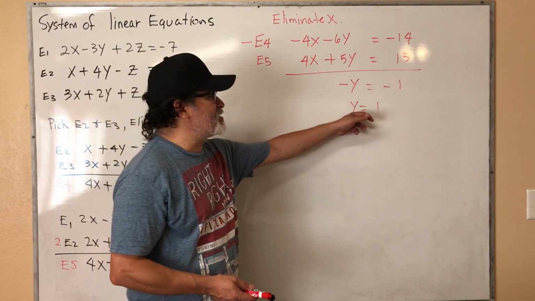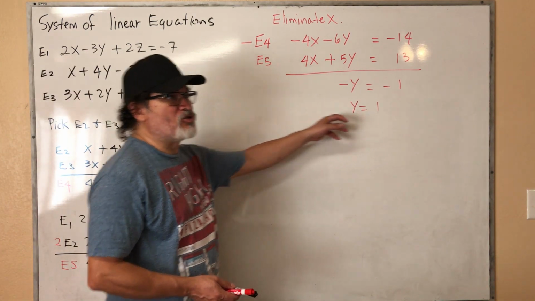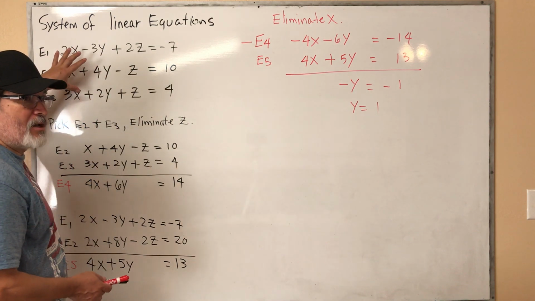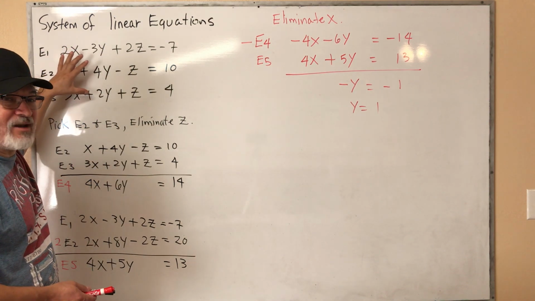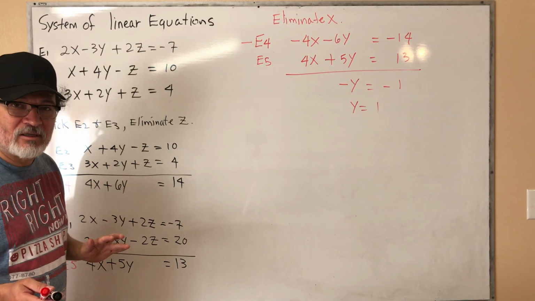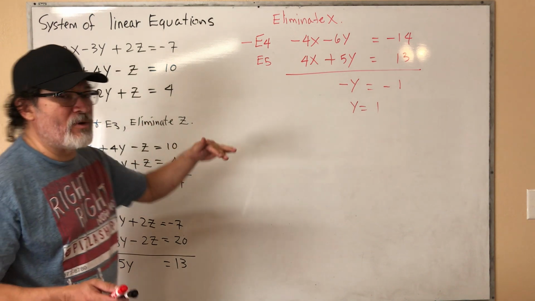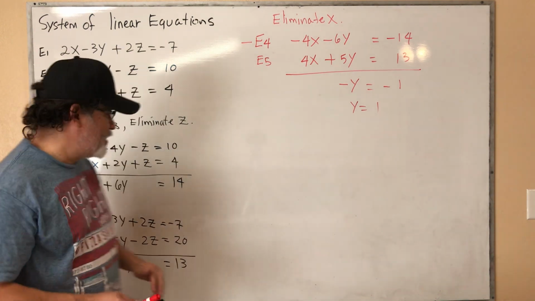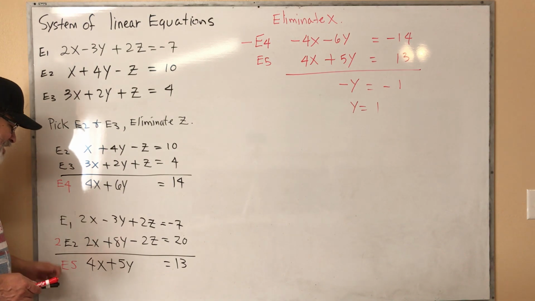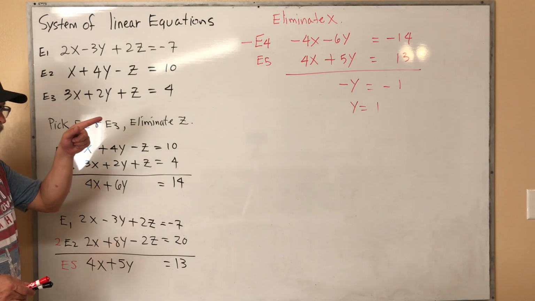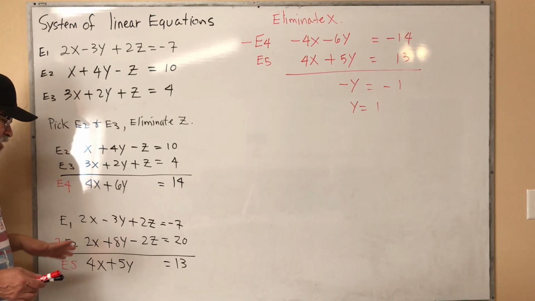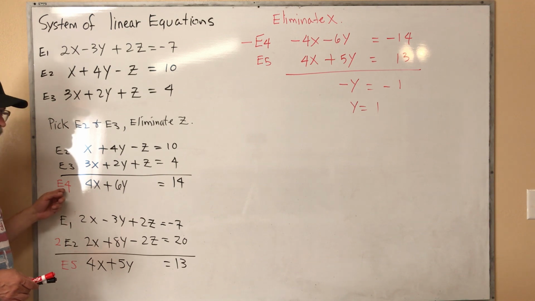If you plug this answer into the original problem, what you were given, you're not going to be able to solve it. No, you got to plug it into the ones you came up with. I came up with this one and that one. I can plug that y into one of them. It doesn't matter which one. I'm going to plug it into equation 4.